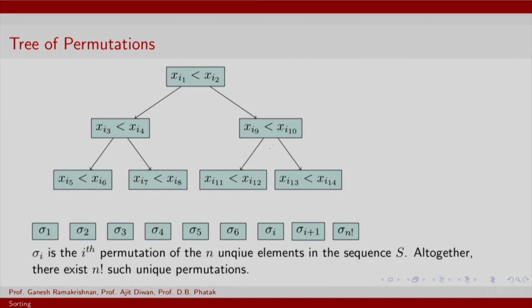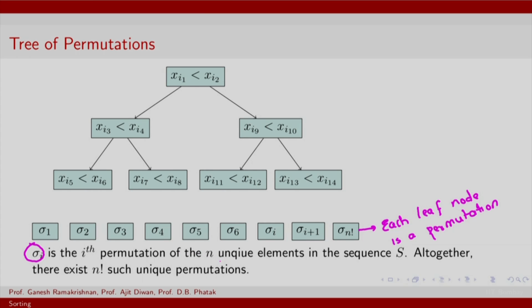So this is what the tree of permutations looks like. Here sigma i stands for the ith permutation. Each of these leaf nodes is a permutation, and altogether there are n factorial such unique permutations.